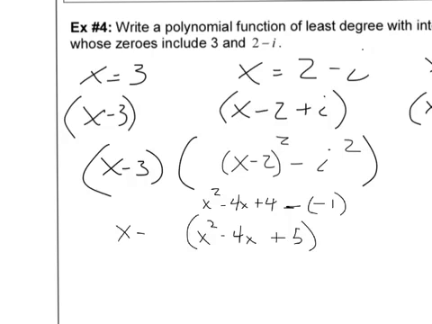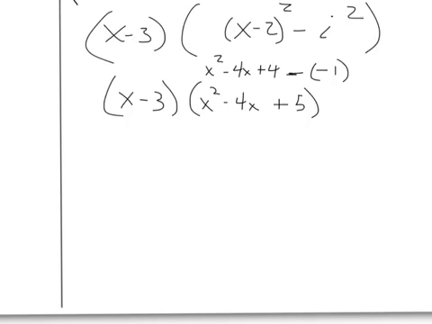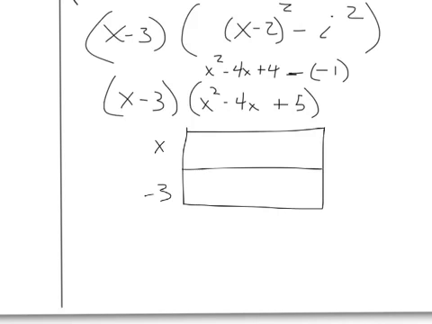Multiply that by x minus 3. Now we're going to do the box, multiply this thing through. We get x cubed minus 4x squared plus 5x minus 3x squared plus 12x, and minus 15.